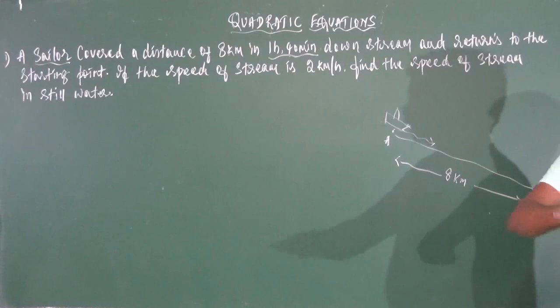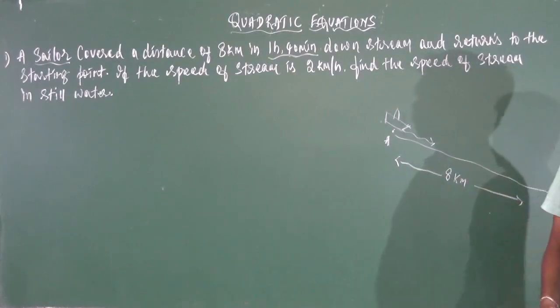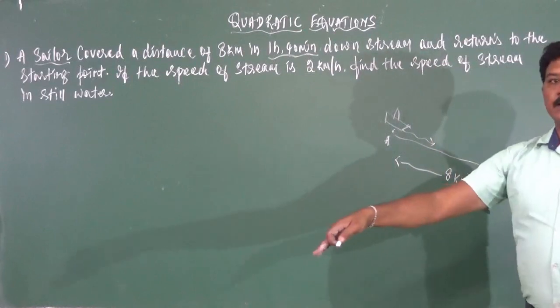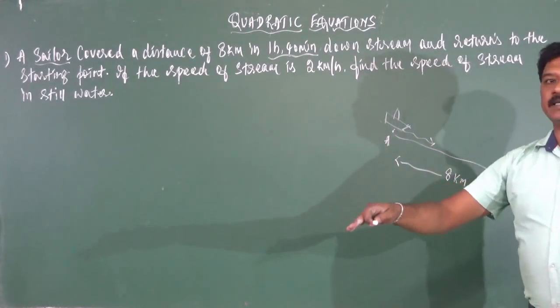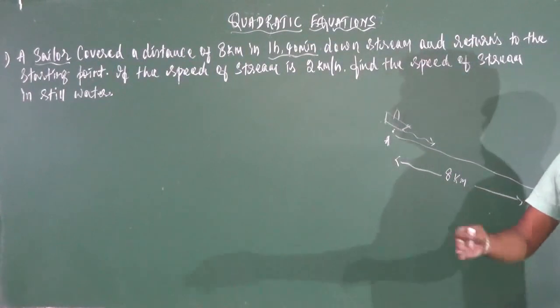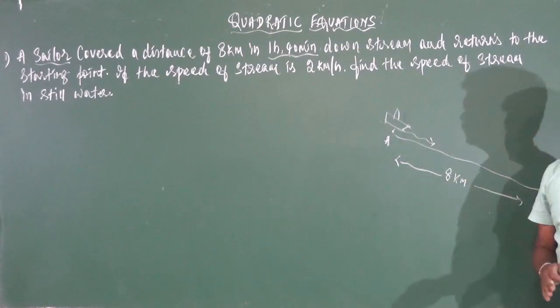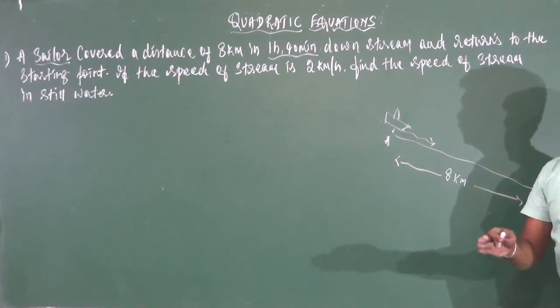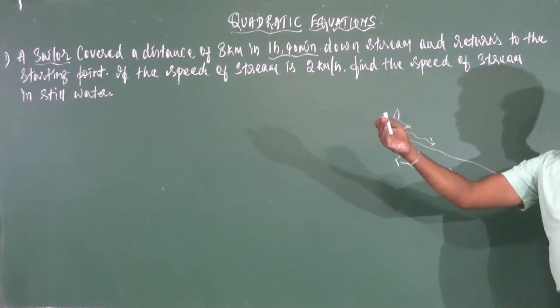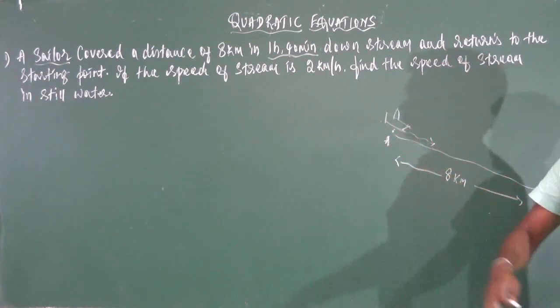For example, on a flat road, if you are able to cycle at about 30 km per hour, then going downhill the speed of the cycle naturally increases. But when you are going uphill, your speed naturally decreases because you are acting against the gravitational force.